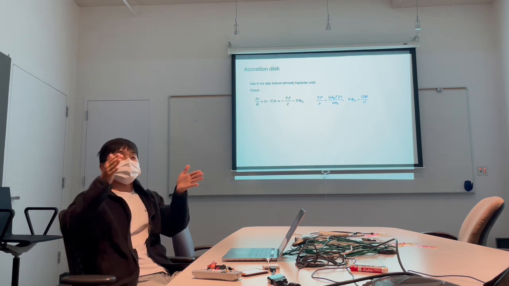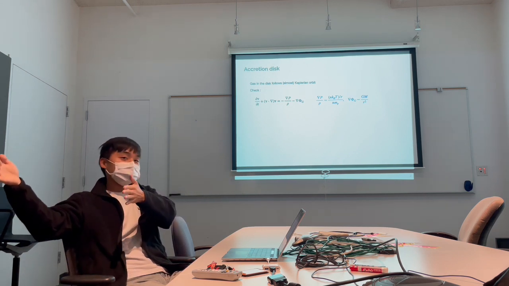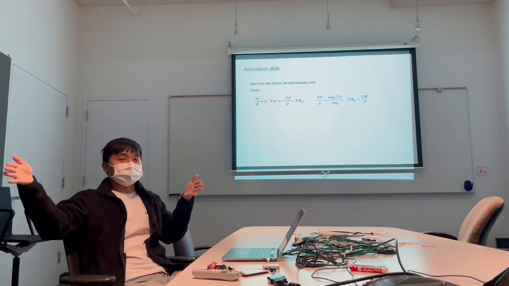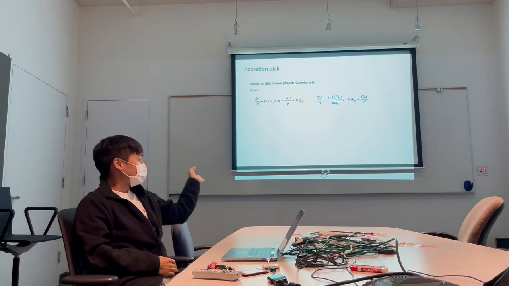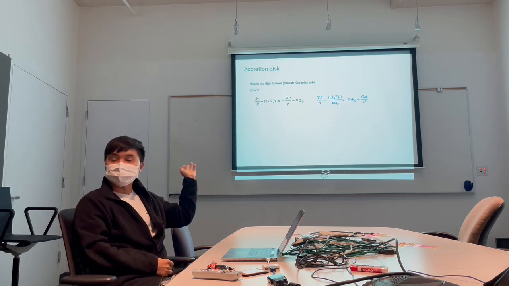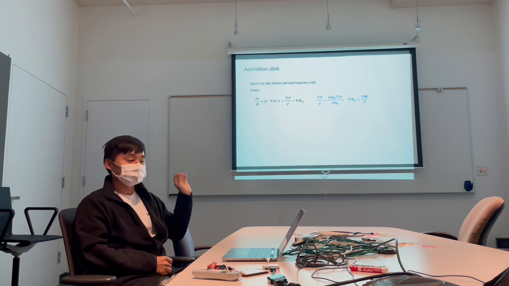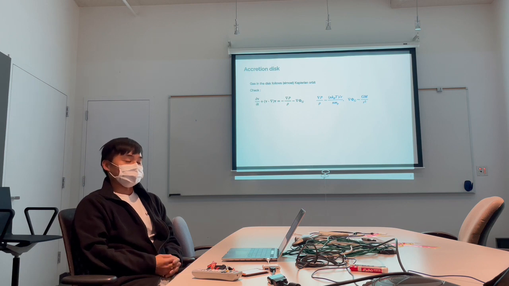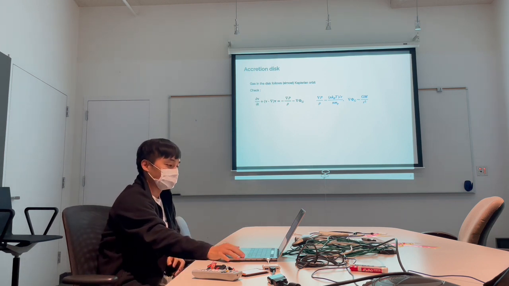The pressure goes to 0 at the boundary of the disk, so it's roughly the size, the radius of the disk. And the density is number density times the mass of the proton. There should be a factor of 2 if the gas is ionized, but whatever. And we have del phi, the gravitational potential.